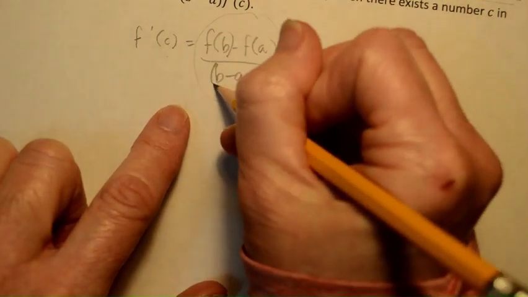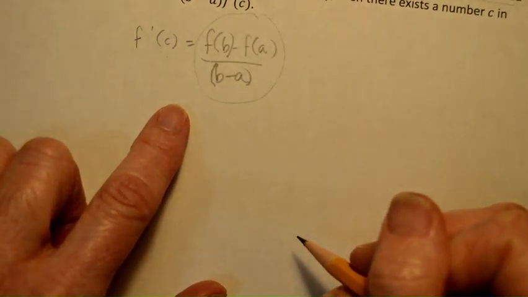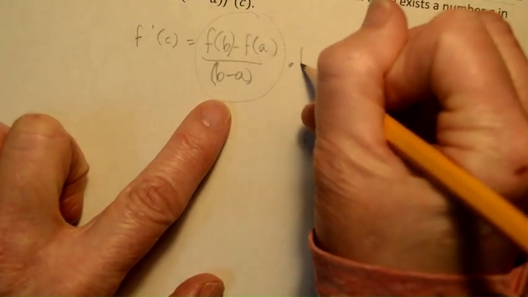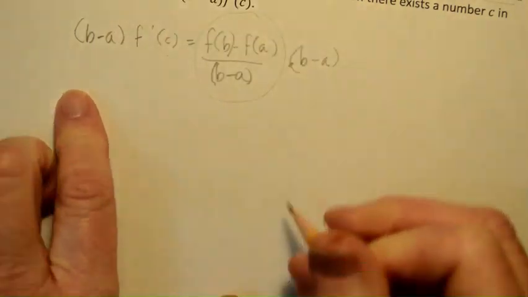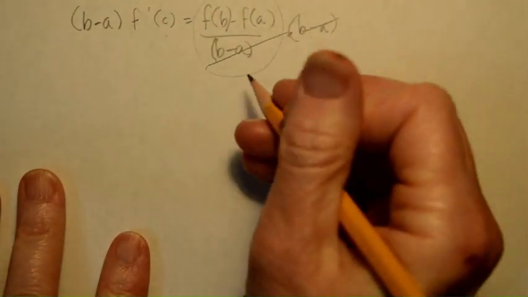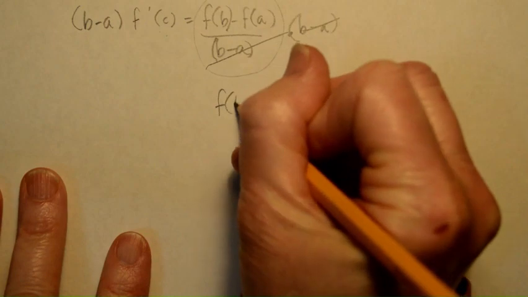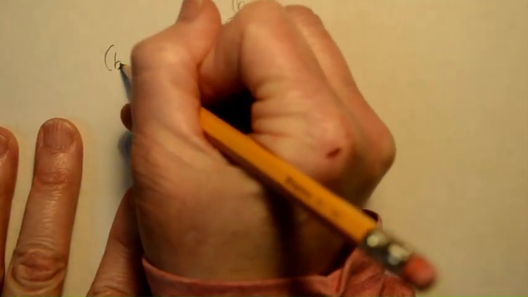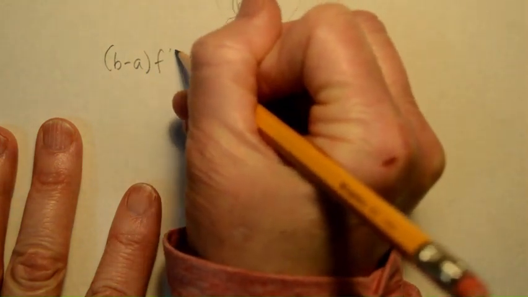So if we multiply both sides by b minus a, these will cancel, and I end up with f of b minus f of a equals (b minus a) times f prime of c.